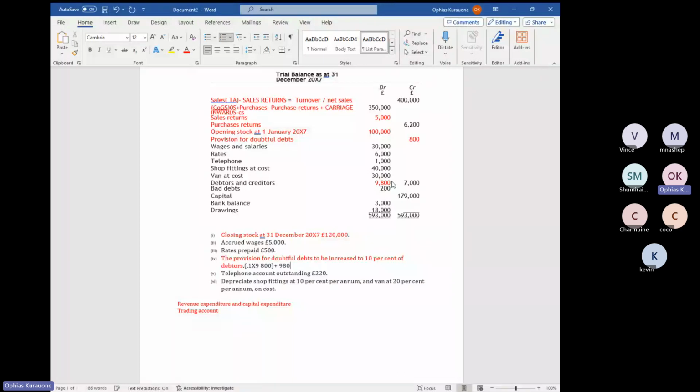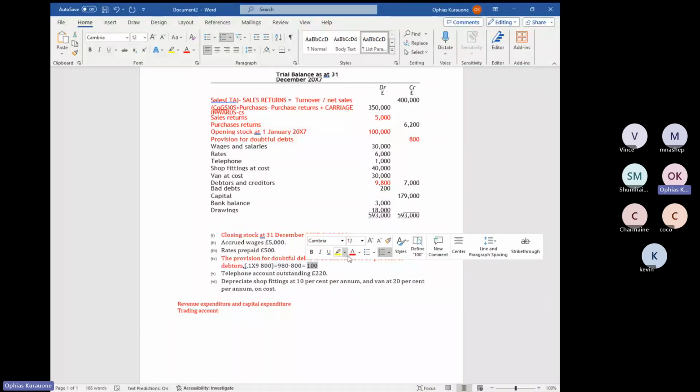So compare 980 against 800. We find out there was an increase because 980 minus 800 is 100. So there was an increase of 100.